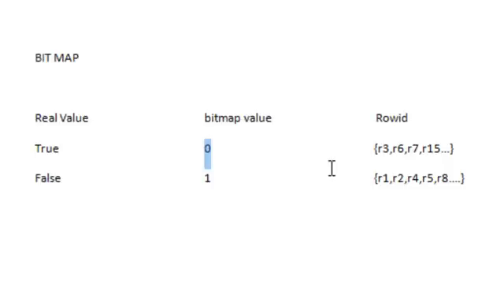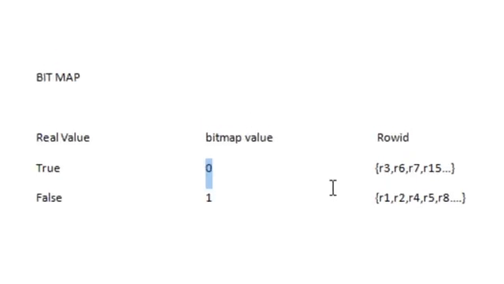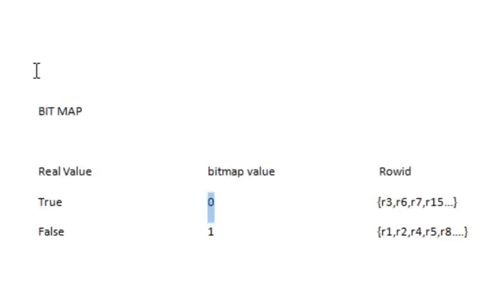Further, when we are searching for some value, for example select star from employee where job availability is equal to true, you need to fetch all the true values.